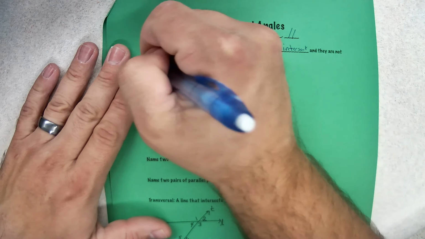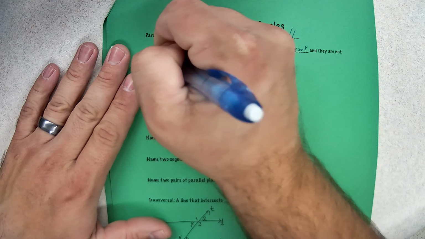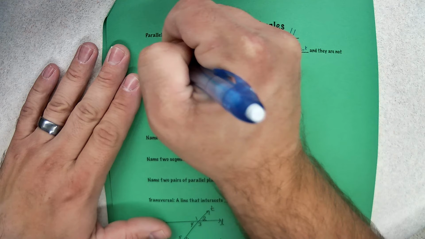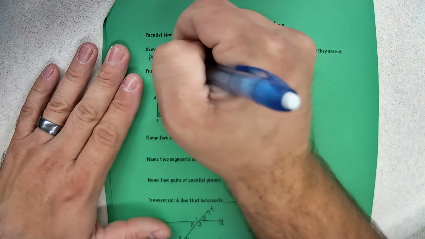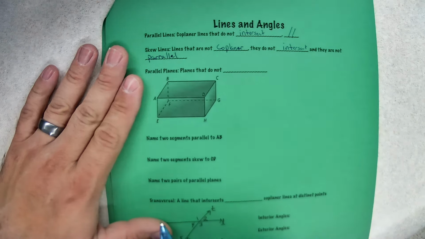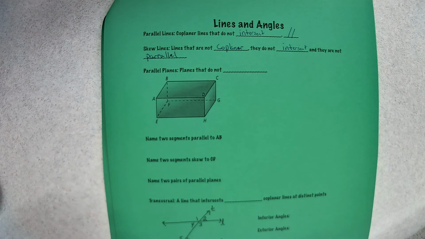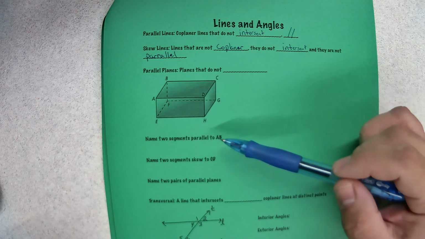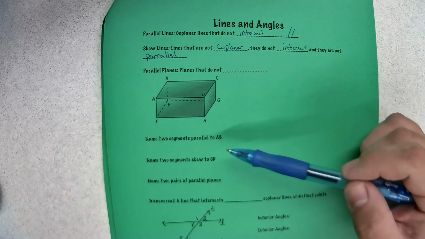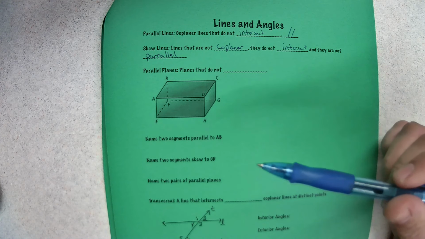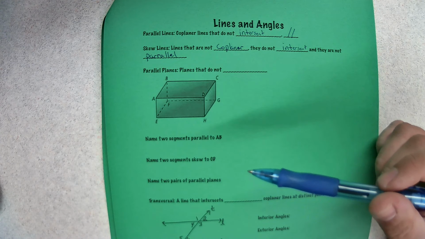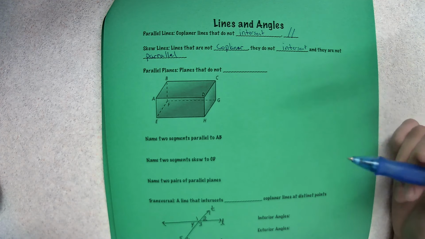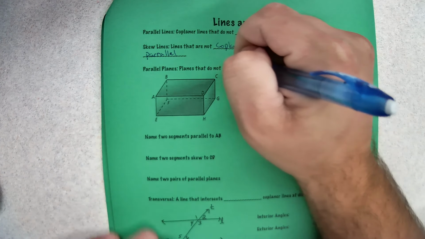And they're not parallel. And we'll look at a couple of examples in this image of what skew lines look like. Parallel planes are planes that do not intersect.